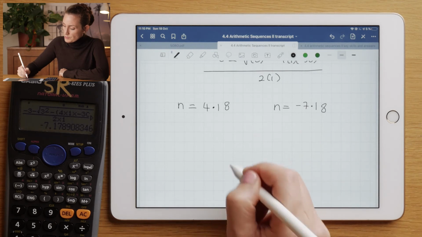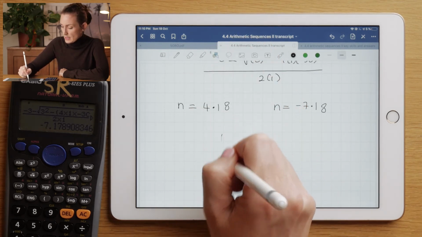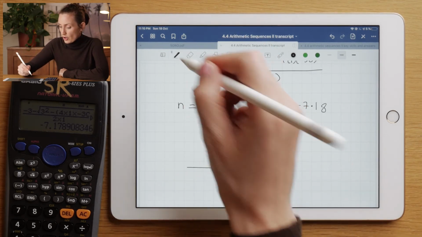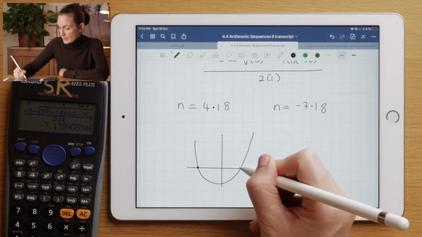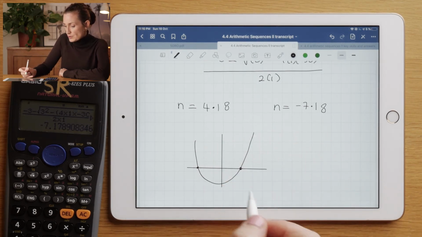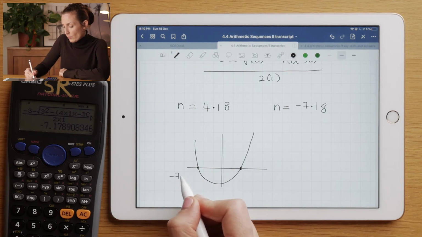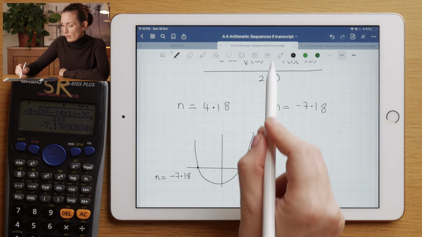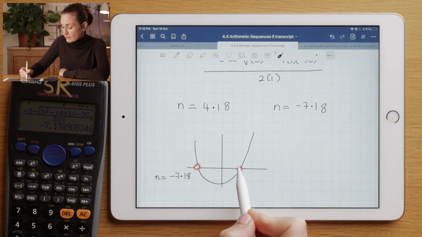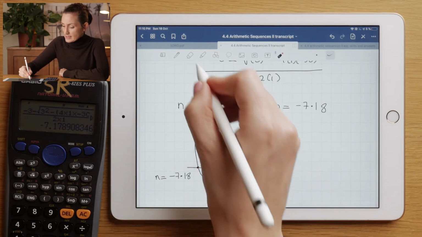Now what you want to do is you want to imagine that the summation is like this. It's a curve and your 2 points of intersection are here and here. If you're refreshed on quadratic inequalities, you'll know the method I'm talking about. What you've actually done is found the points of intersection with the axes.